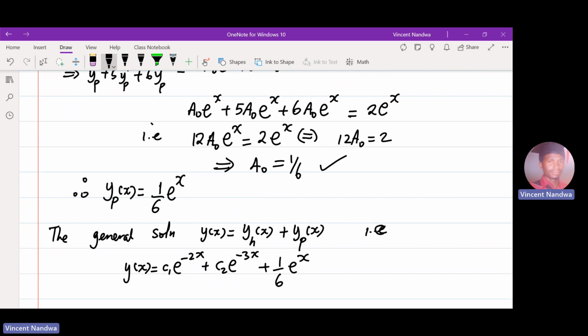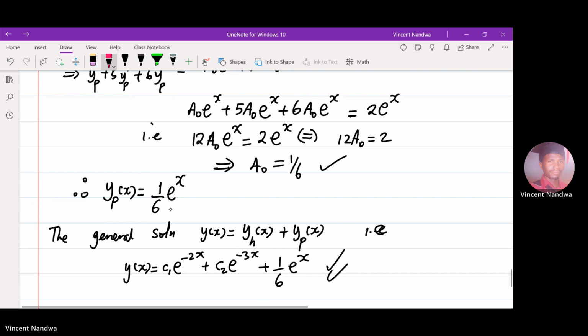So remember, the particular solution doesn't have an arbitrary constant. That arbitrary constant should be solved in the process of assuming its correct form. So this is where the problem stops, or the final solution to part A.